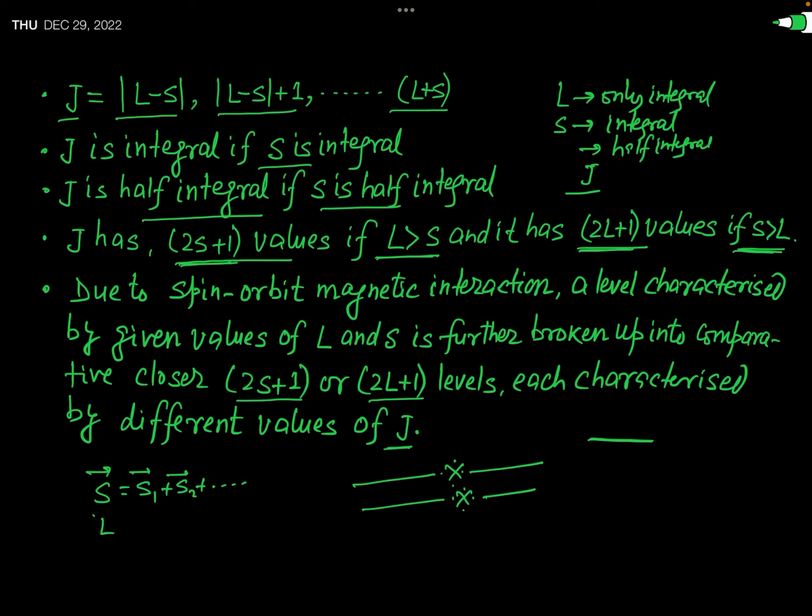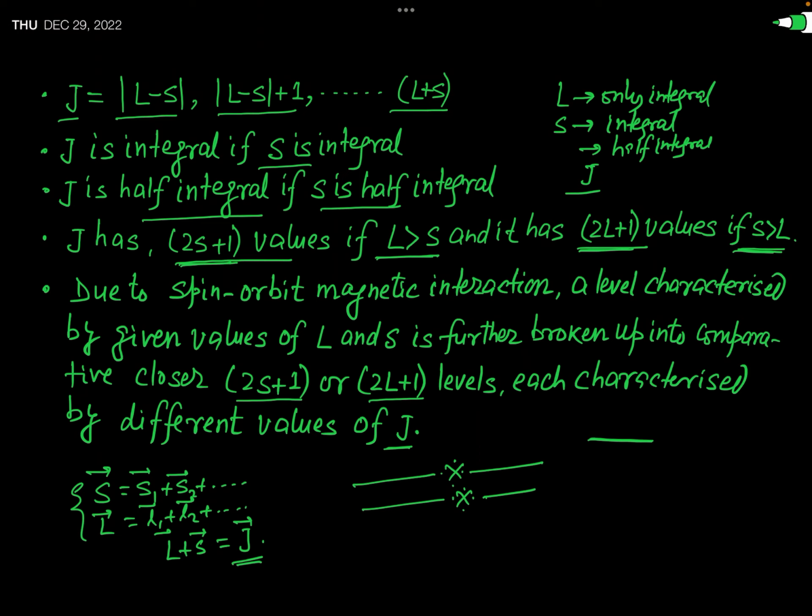Then find the total orbital angular momentum L, which is the vector sum of L1, L2 and so on, where L1, L2 are the angular momenta of the individual optical electrons. Okay, and once you get the resultant S and L, then combine this L and S. This combination gives J, which is called the total angular momentum.